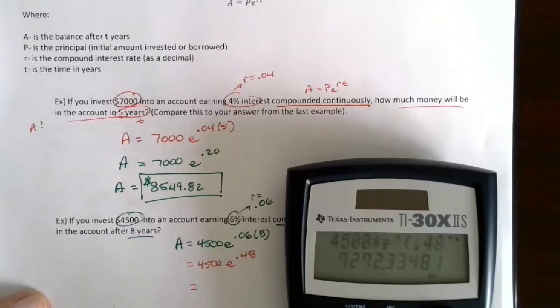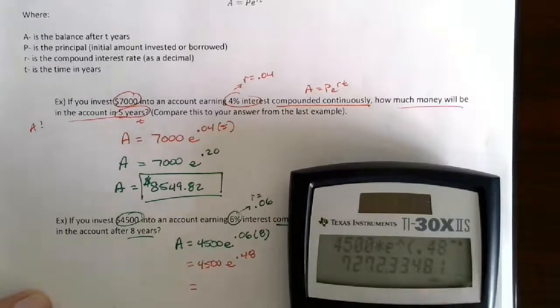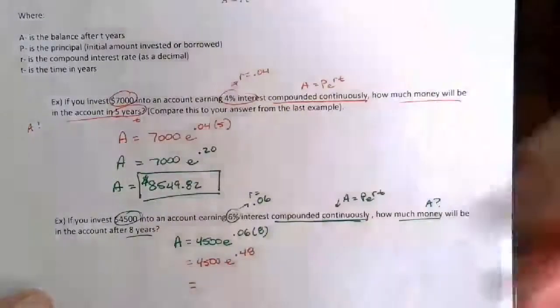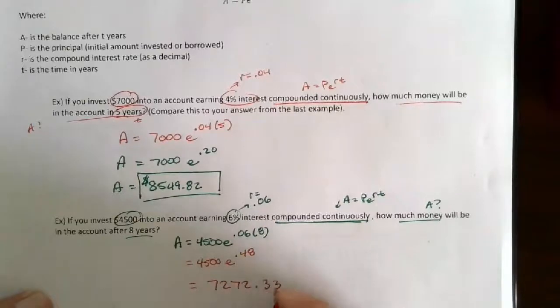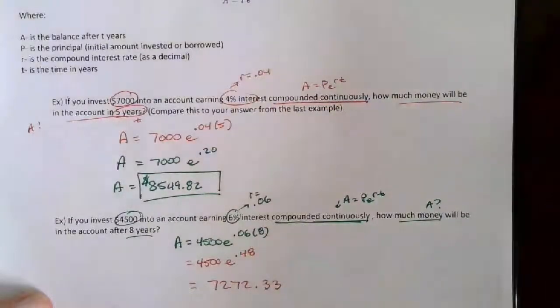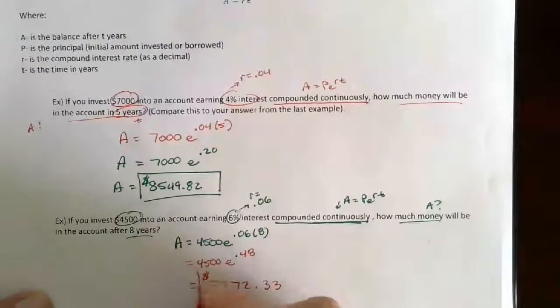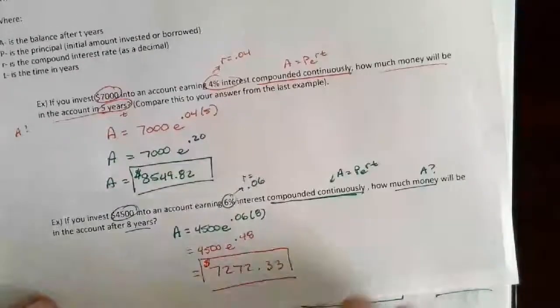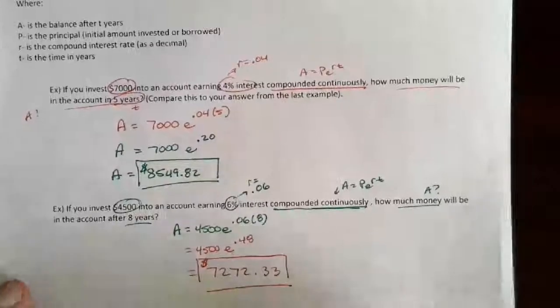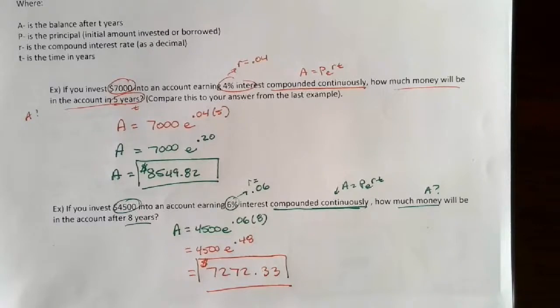Hit enter on that, we get 7,272.334, so we're going to round that down to 7,272.33, because remember this is money. And remember this is dollars, make sure you include the units. So after 8 years, $7,272.33 would be in your account.